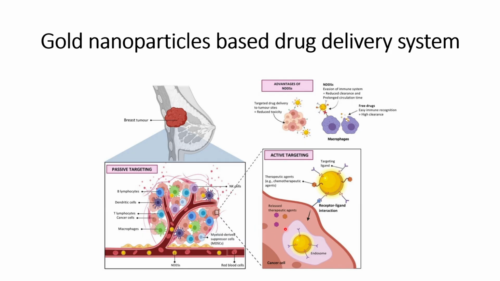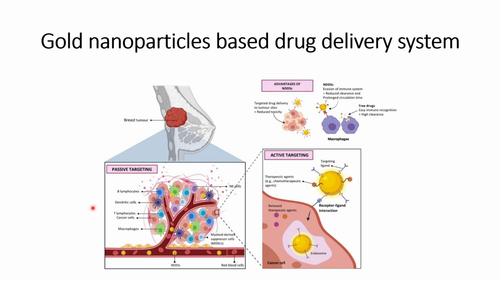And once the cancer cells start to die, those dead cancer cell debris will trigger the immune response, or we can say that it will attract the other immune cells to come towards these tumor cells and act against them, which is known as passive targeting.